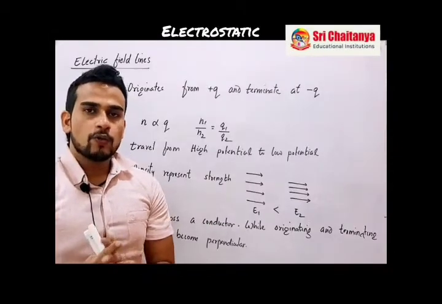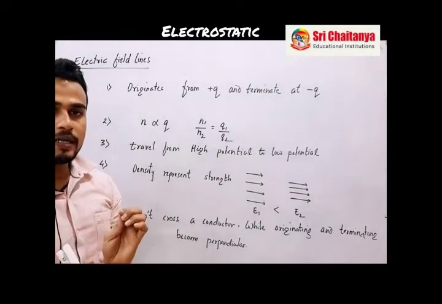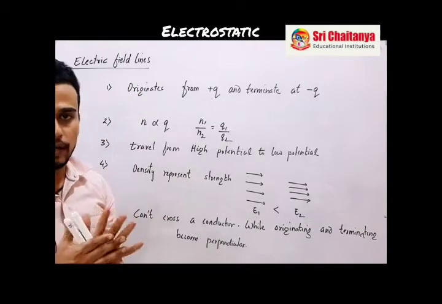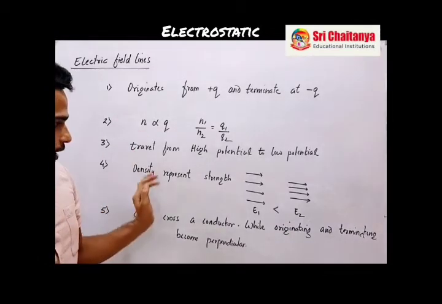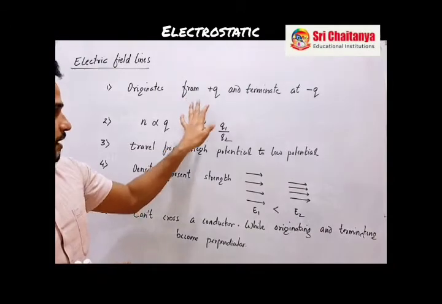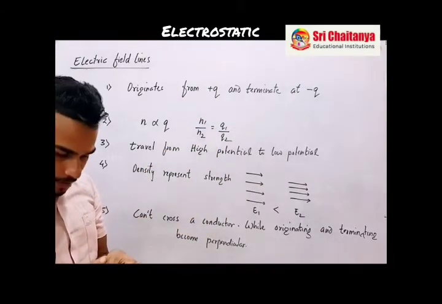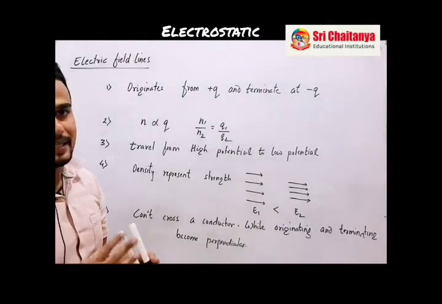Now let's talk about electric field lines and properties associated with electric field lines. Again, theoretical part but important part, questions are asked, and I think everyone knows these basic concepts, but we'll revise these things.